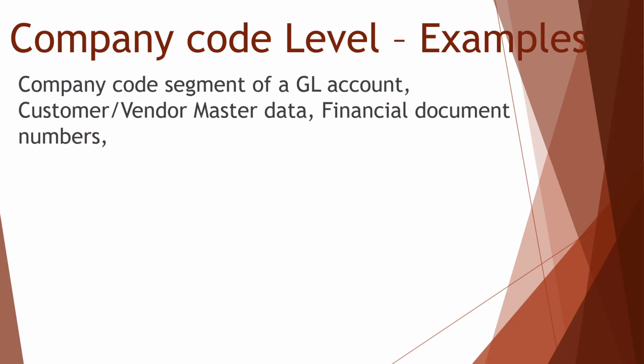Together they make a complete GL account in the FS00 transaction code. So the company code segment of a GL account is your control data and bank and other FSG related settings, the bank interest tab you have. So these two parts actually come under your company code segment, and it can be different in different company codes depending on the business requirement.